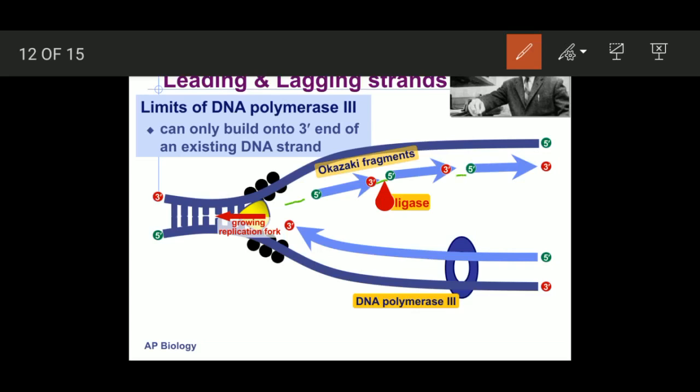As you can see, in the leading strand only one RNA primer was needed, but in the lagging strand many RNA primers, 2, 3, 4, 5, are needed. And this RNA primer will bind from the 3 prime direction.